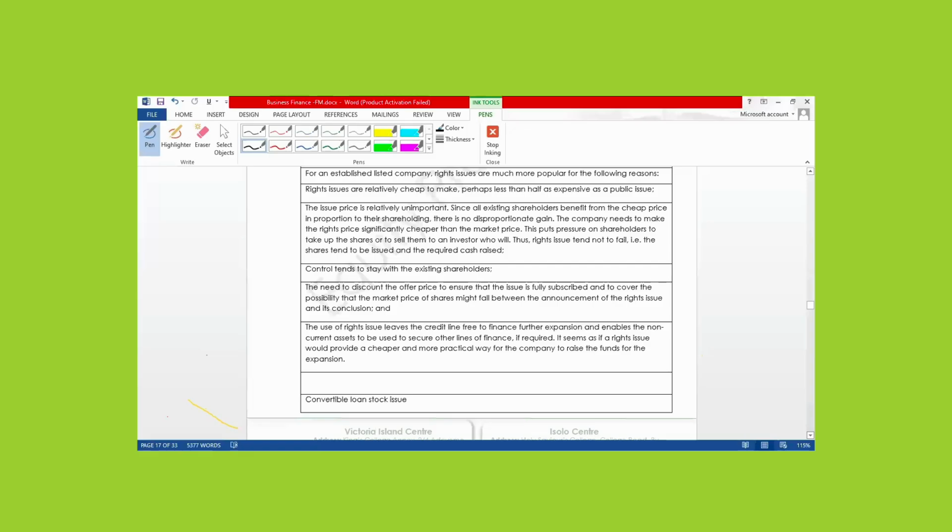You are telling directors now, it seems as if rights issue will provide a cheaper and a more practical way for the company to raise the funds for the expansion.